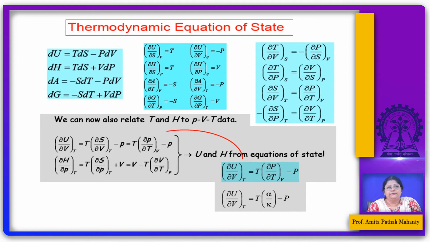This can be further simplified: the change of pressure with temperature at constant volume is nothing but the ratio of alpha by kappa T. So this is another equation you can develop.